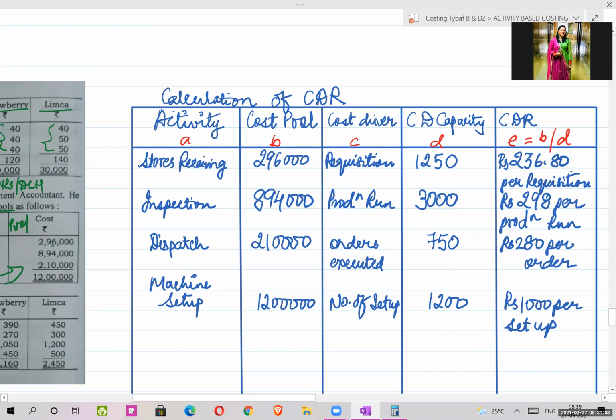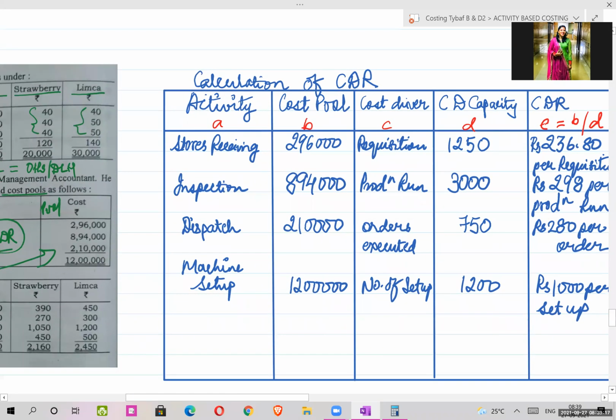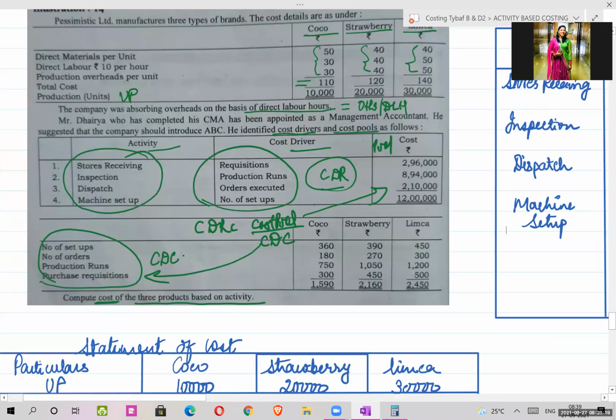Cost drivers are also given in the question. Cost driver capacity you will have to calculate. How will you do that? For cost driver capacity, you are going to calculate the total of these. Let me show you the total of this, this way.